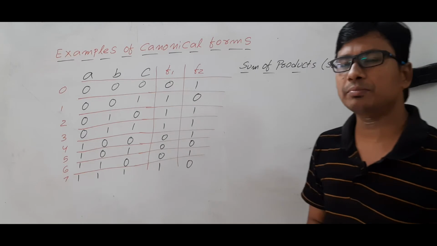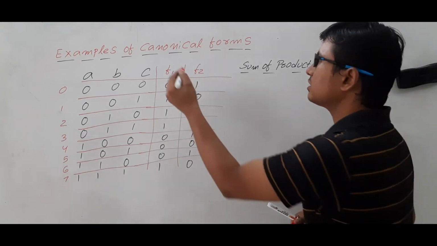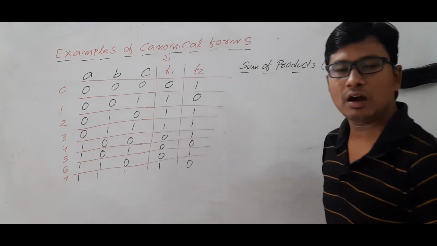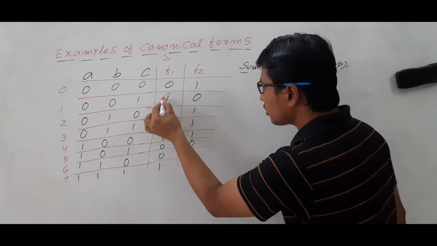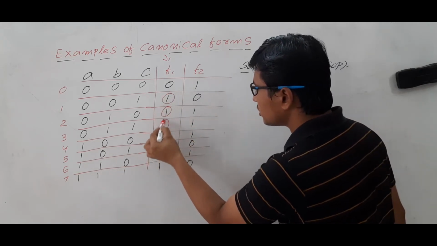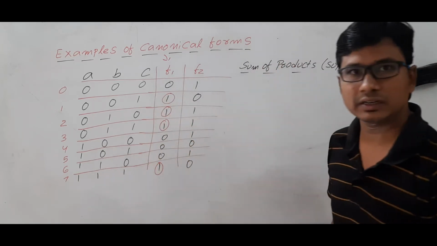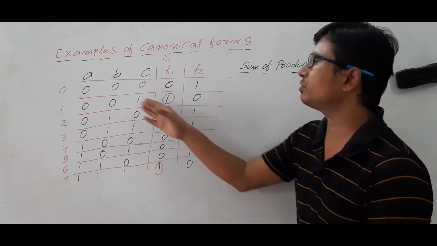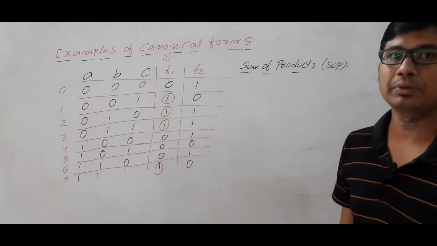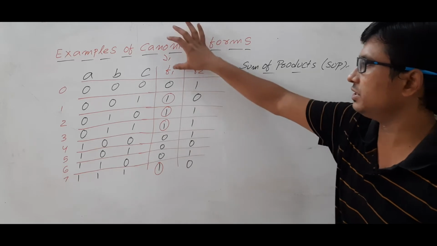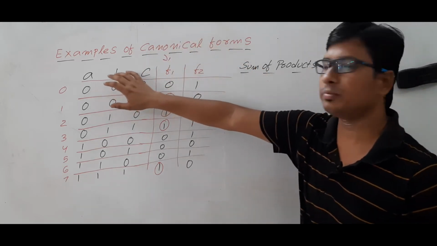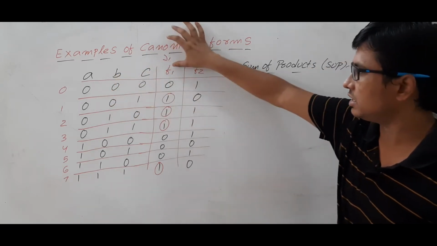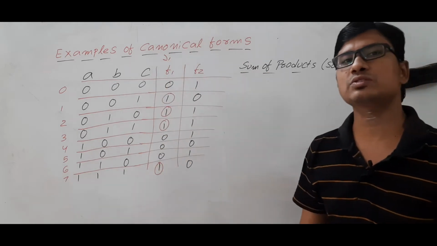Now how to get the min term? First you need to look at this function f1. For what combinations it is producing the output as 1, you need to look at. So for those combinations we will represent them in terms of min terms. Are you able to understand? Min term is the combination of A, B and C for which this function is producing the output as 1.